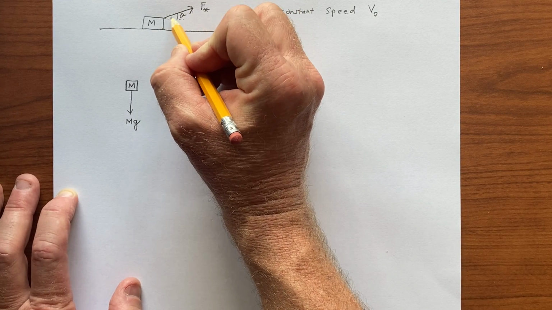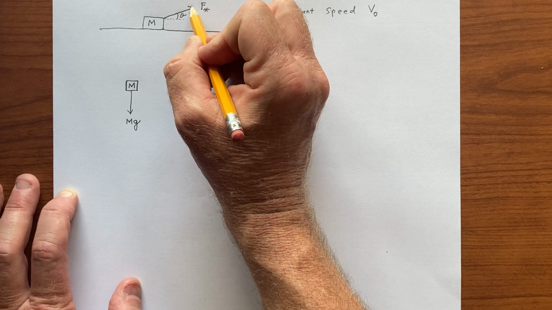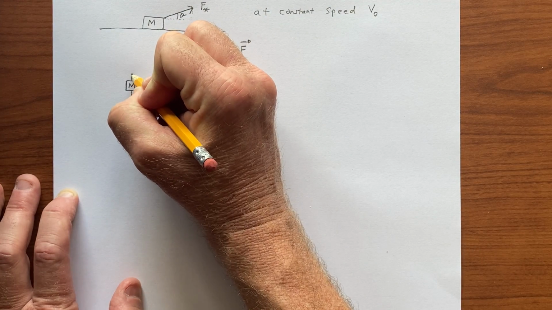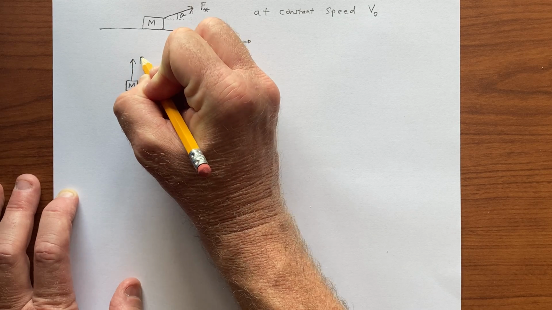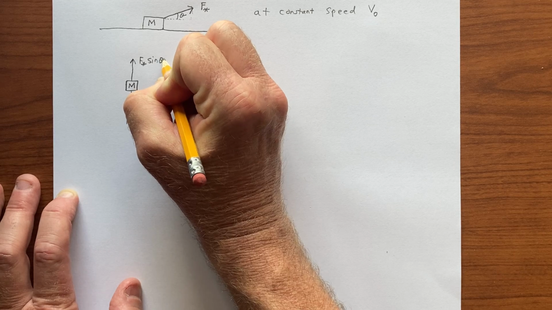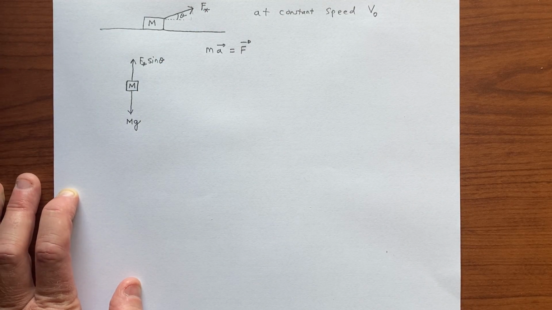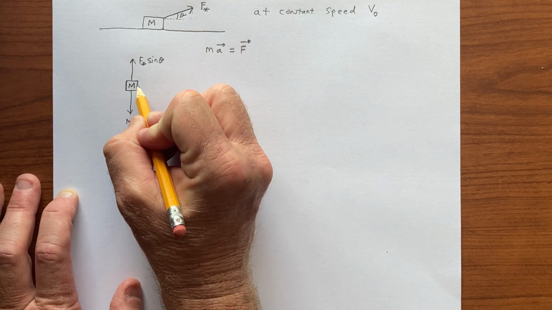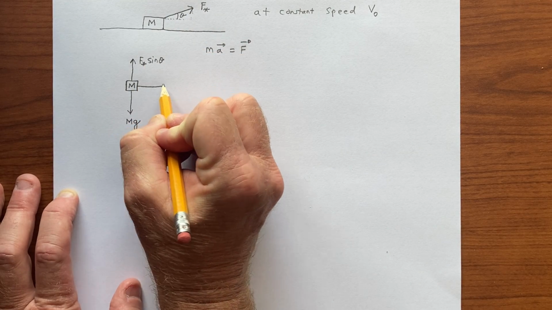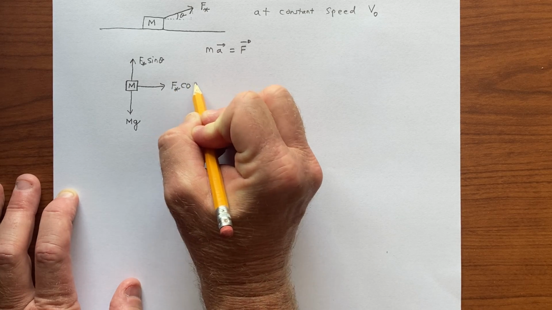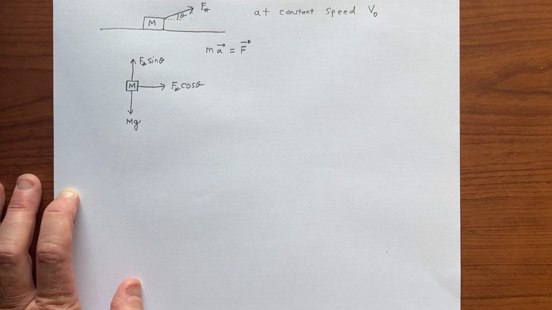And so by definition of the sine, which is the opposite over the hypotenuse, we get that there is an F star sine of theta in the vertical direction. And there's another component to the right, which is F star cosine of theta.